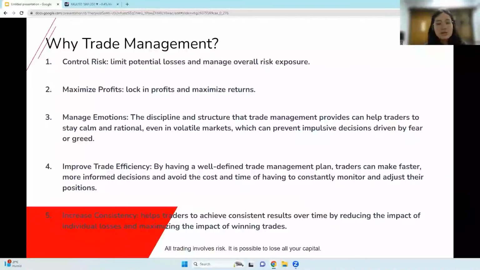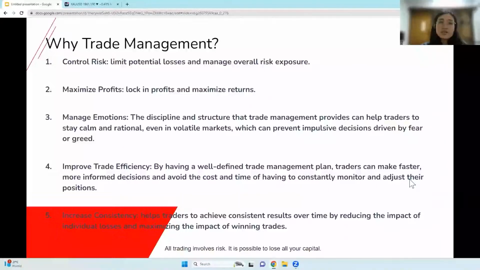By having a well-defined trade management plan, traders can make faster, more informed decisions and avoid the cost and time of having to constantly monitor and adjust their positions. Fifth, increase consistency. Effective trade management strategies help traders to achieve consistent results over time by reducing the impact of individual losses and maximizing the impact of winning trades.